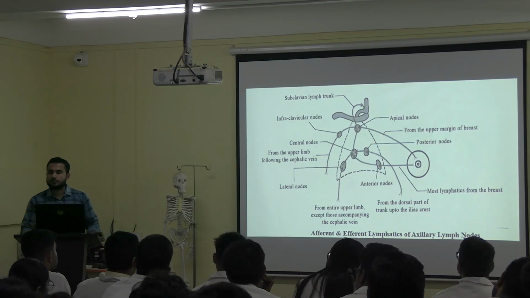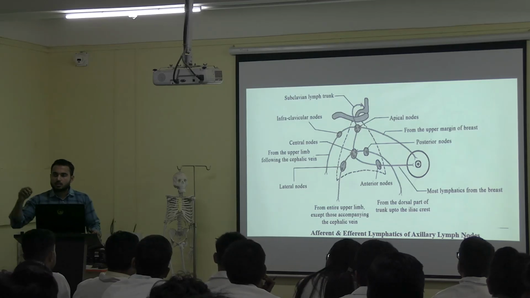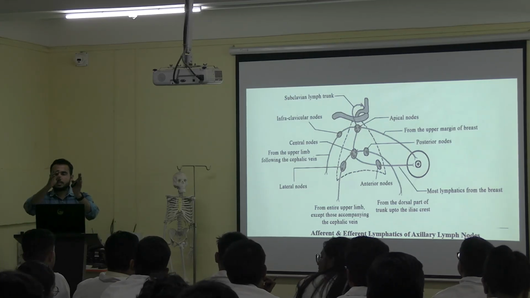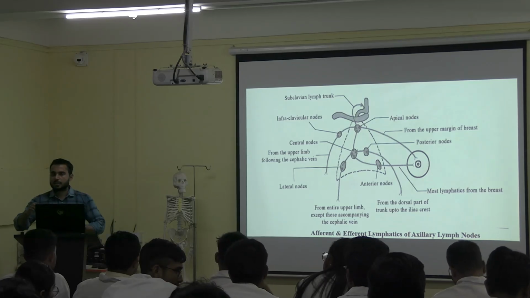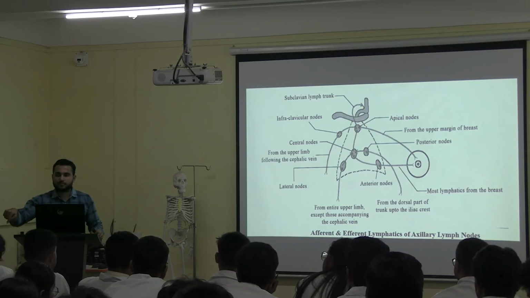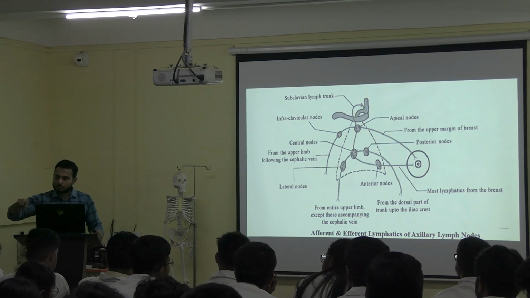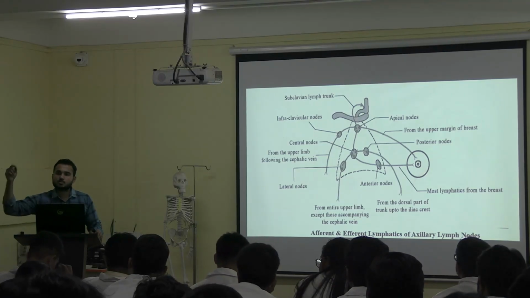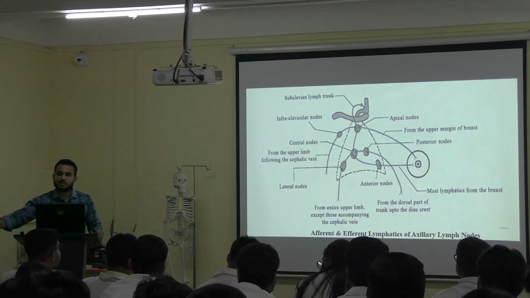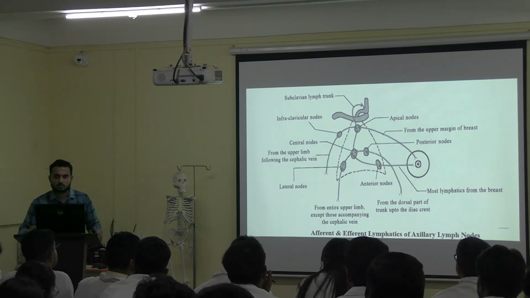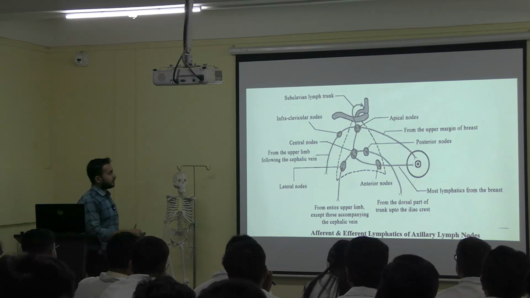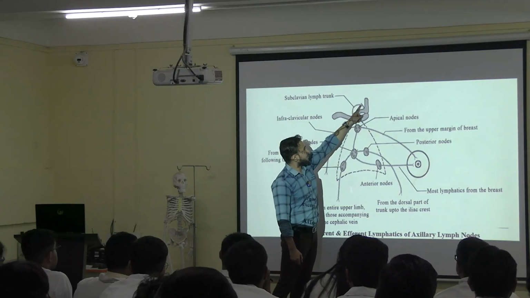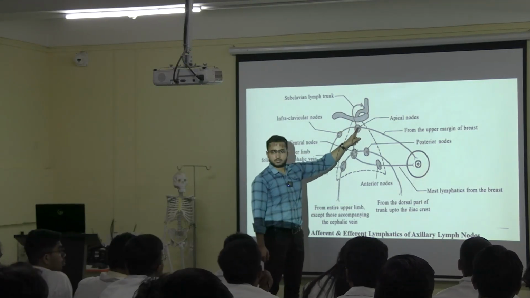Afferent lymphatics means, suppose a lymph node is there, from a particular area lymph is coming into the lymph node. Those will be the afferent. Once it is filtered there, the lymph comes out and goes to some other lymph nodes, and that will be the efferent one. So for example, see, this is the efferent one, this is the afferent one.